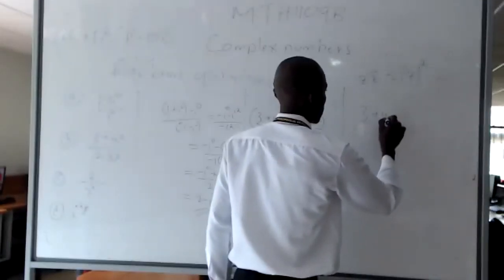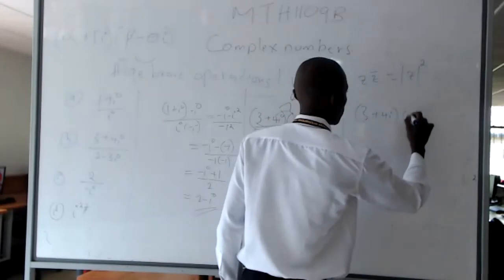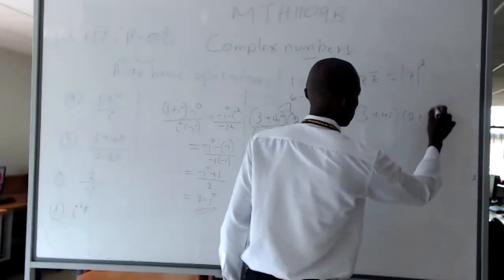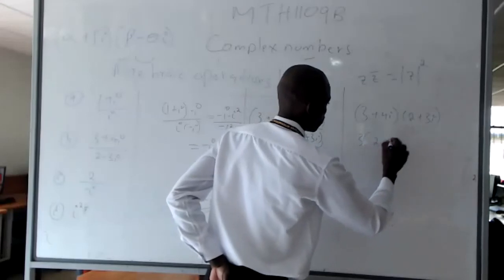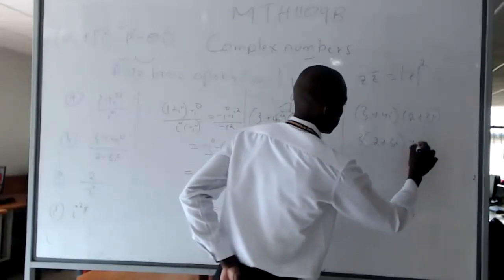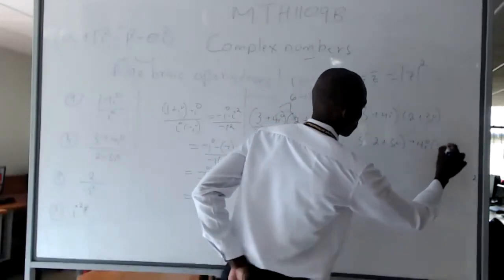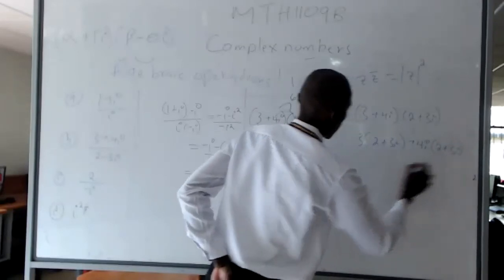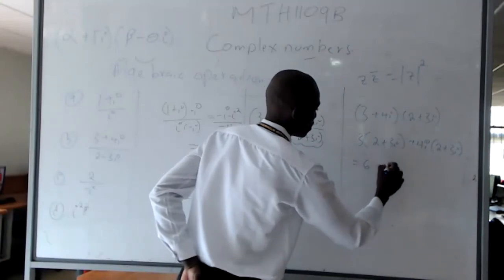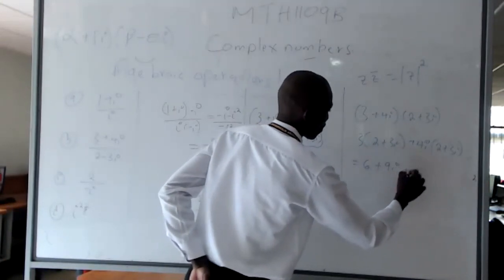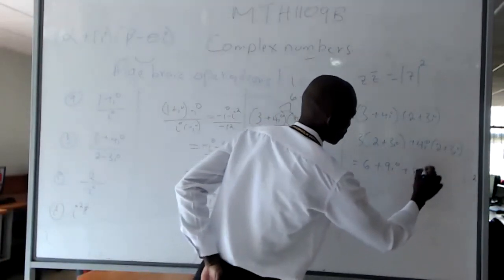13, very good. It's just 3 plus 4i multiplied by 2 plus 3i. The numerator: you take 3 into 2 plus 3i plus 4i into 2 plus 3i. 3 times 2 is 6. 3 times 3 is 9i. 4 times 2 is 8i.